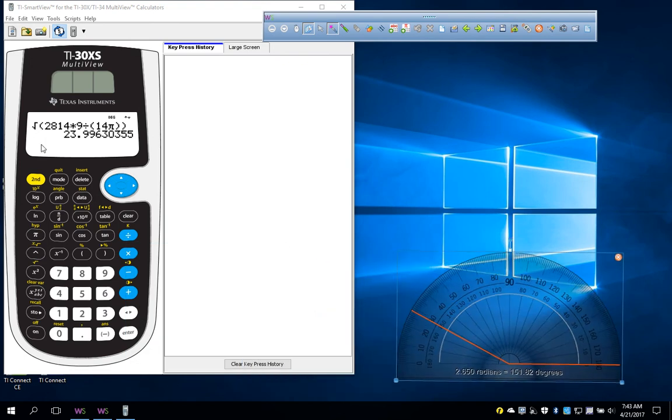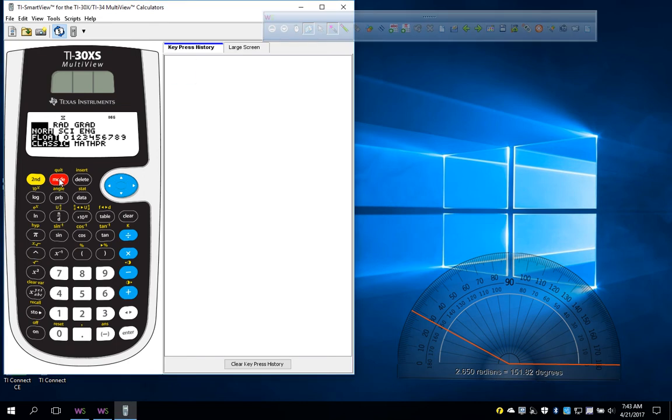Okay? Go away. And the other thing, when you are doing these trigonometry problems, this calculator has a mode key. Where's the mode key? Oh, right here. You have to make sure that you're in degree mode, because some of you will get wrong answers and go, what's going on with my calculator?